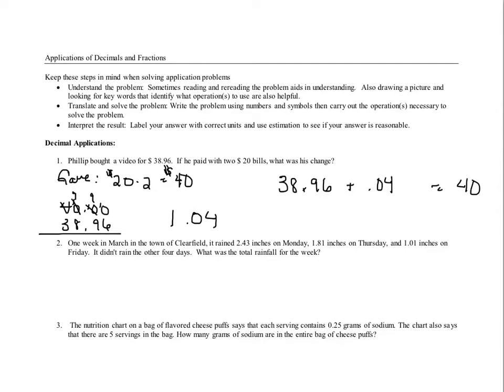So we only need one more dollar to get up to $40. So $1.04, which is actually faster than doing the physical subtraction. So $1.04 would be the change. If you label it the change of $1.04, it's going to help you jog what you had to do to begin with.